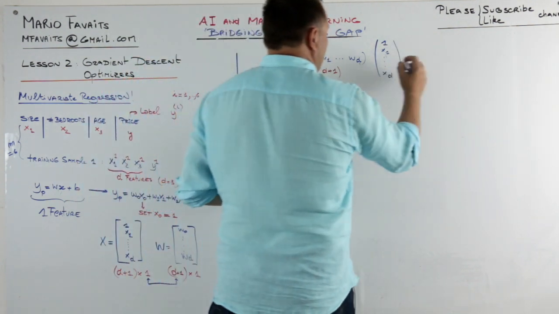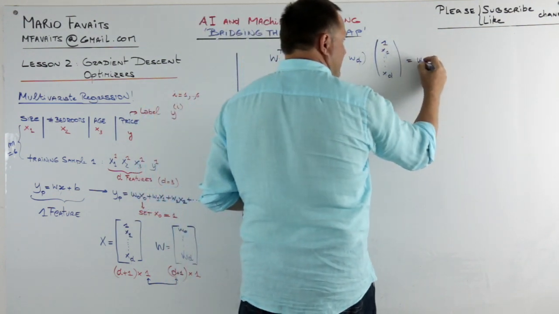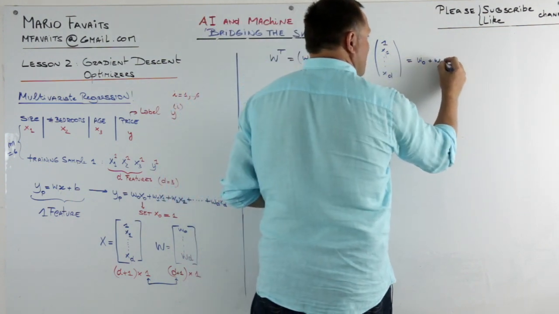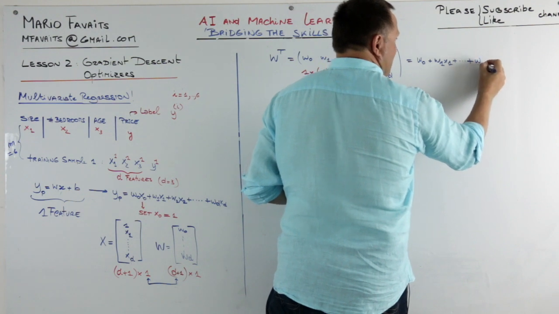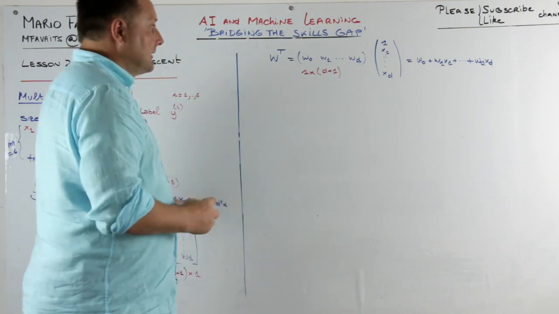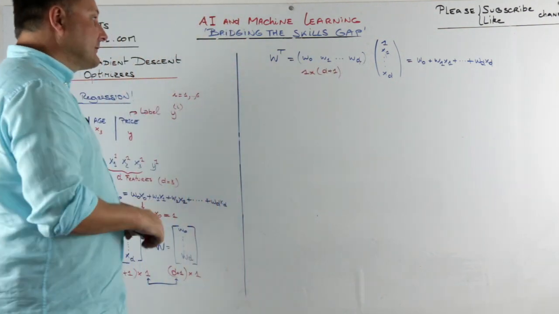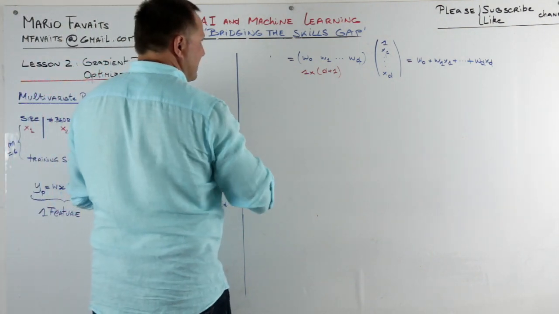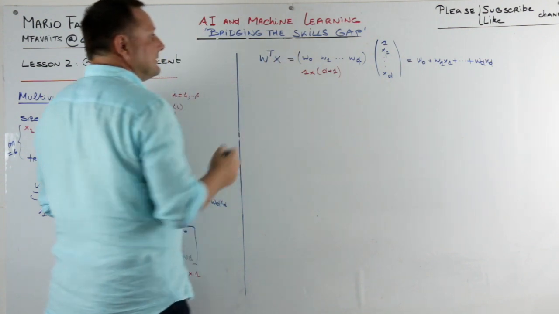When we work this out, w0 times 1, we have w0 plus w1 x1 all the way down to wd xd. So this vector product is W transpose X.